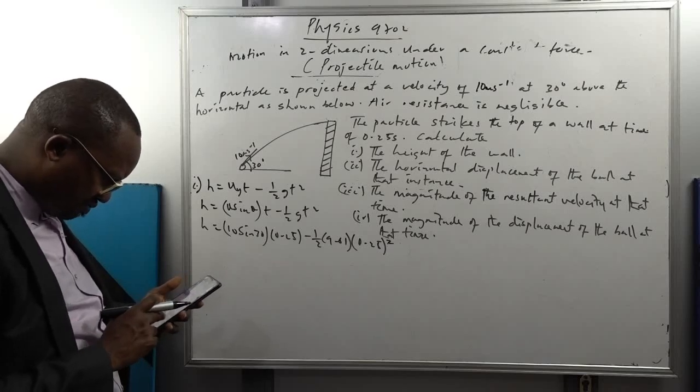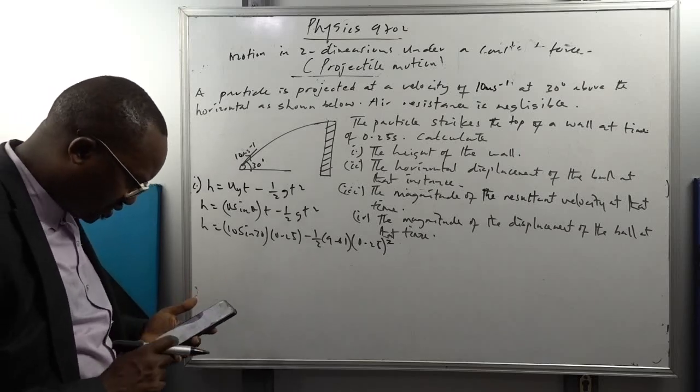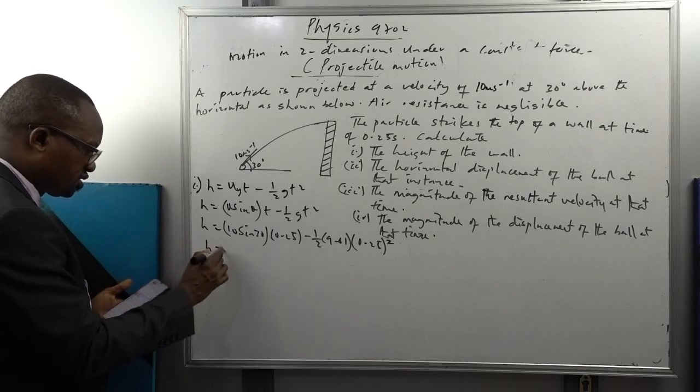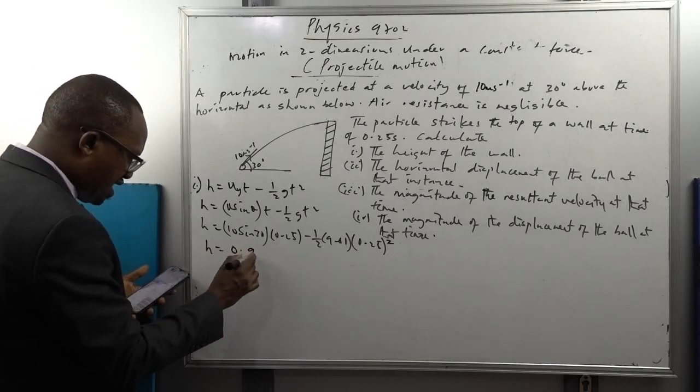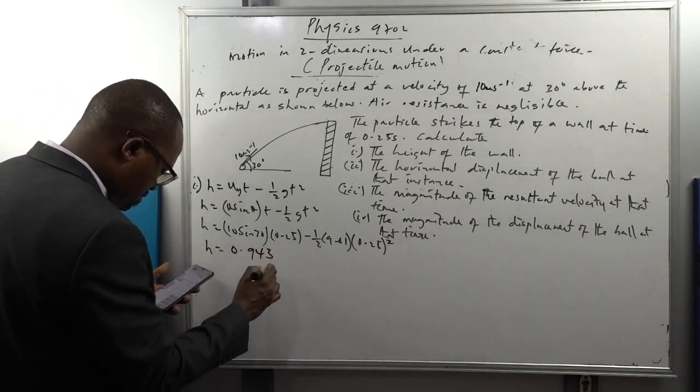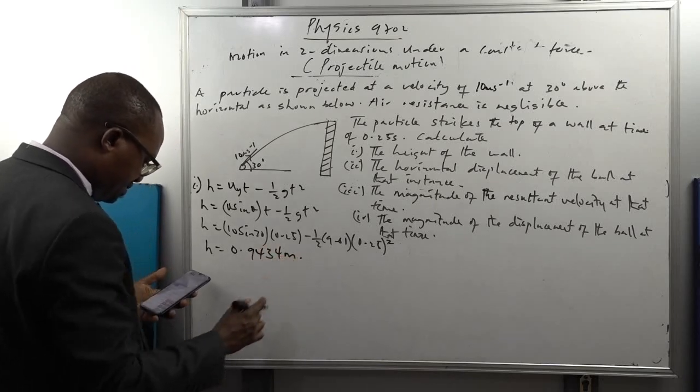You put everything in a bracket, then you press the equal sign, and h becomes 0.9434 meters.